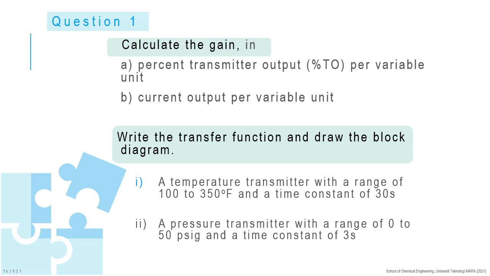So you need to solve for these two cases. The first one is a temperature transmitter with a range of 100 to 350 degrees Fahrenheit and a time constant of 30 seconds. And the second is a pressure transmitter with a range of 0 to 50 psig and a time constant of 3 seconds.